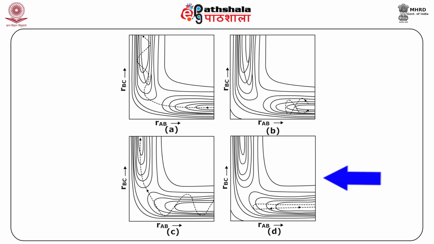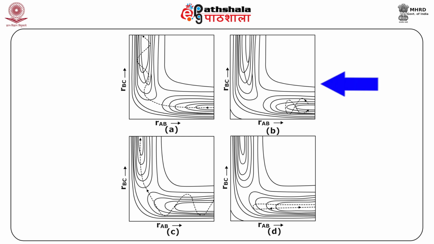In addition, a potential energy surface that has an early barrier in one direction has a late barrier in the other direction. Let us understand in detail. In figure A, a potential energy surface with an early barrier and a reactant with sufficient translation energy to cross the saddle point is shown.